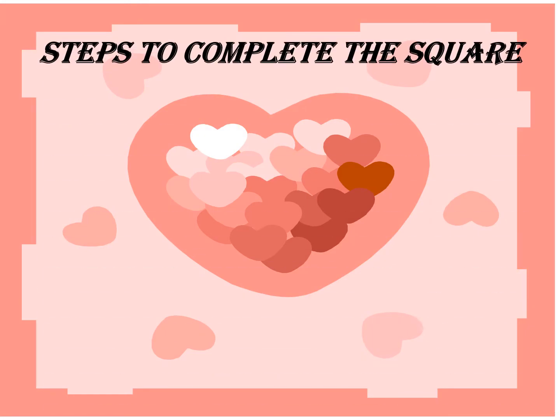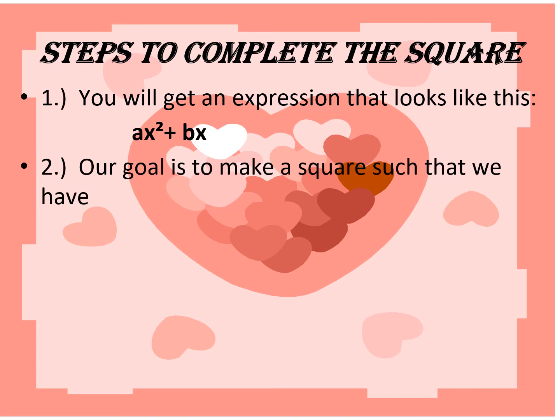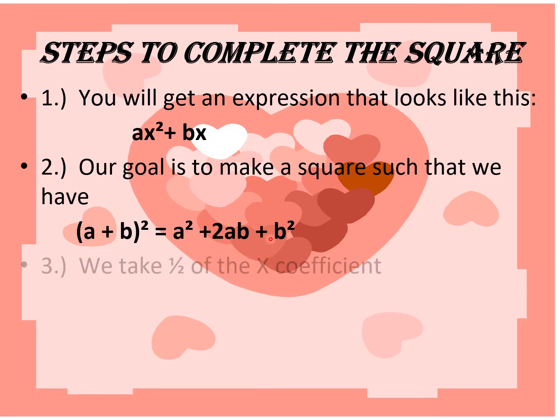Then let's proceed. Steps to complete the square. First, you will get an expression that looks like this: x squared plus bx. Ang second step natin, our goal is to make a square such that we have (a plus b) quantity squared, a squared plus 2ab plus b squared.